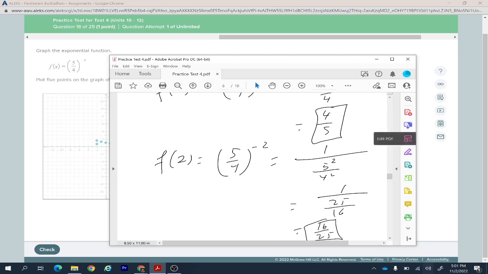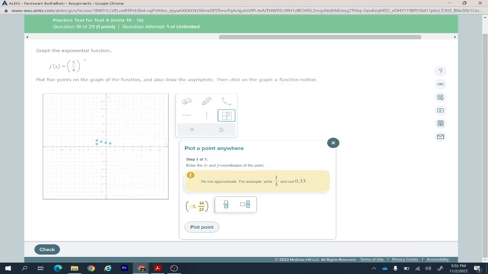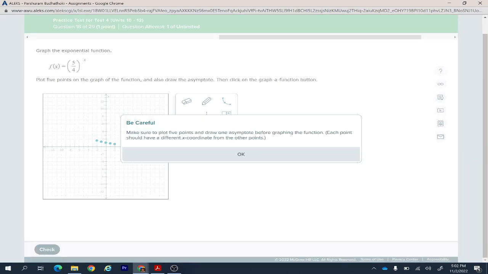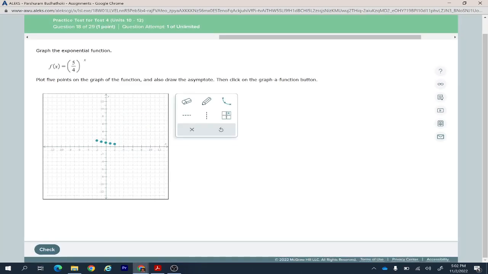Whenever you are dividing by some fraction, you have to flip it. 16 over 25. What did I do wrong? At negative 2, it's 25 over 16. At positive 2, it's 16 over 25. Okay, so these are the 5 points. We can use this one. 1, 2, 3, 4, 5, yeah.